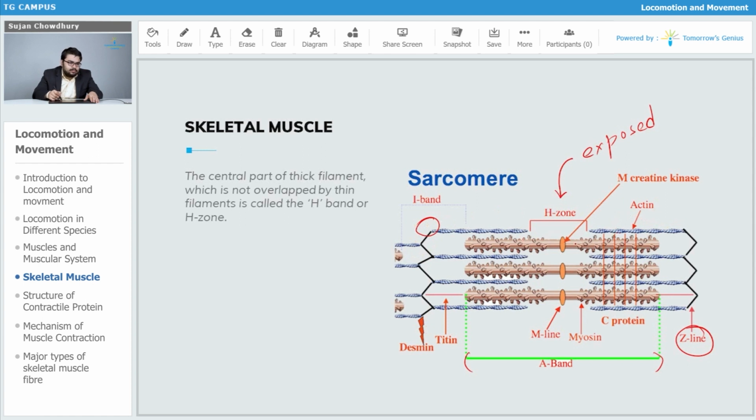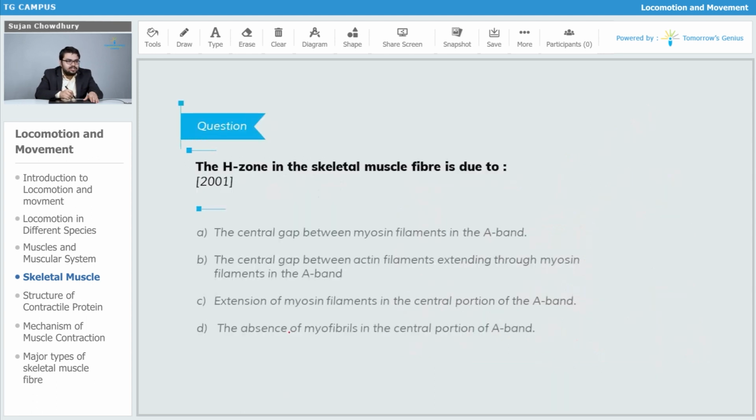The H zone clearly indicates the middle or central portion of myosin in the A band where actin is not fully continuous. So I think you are supposed to get the right answer. And yes, that is the gap between actin filaments extending through myosin filaments in the A band. That has to be the correct answer.